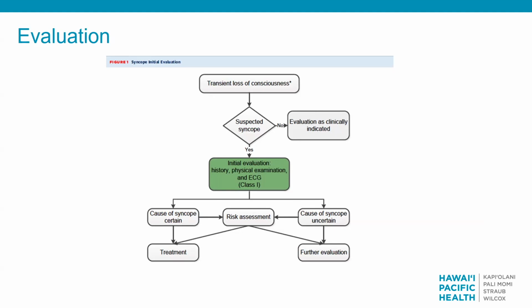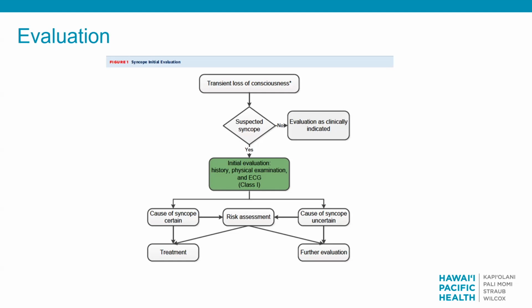Or when you were standing long in church and then you fainted and you got back up without any intervention, that's probably vasovagal. Or when you had a big belly pain or they wanted to do a blood draw and you fainted there, again, those are all neurally mediated or neurocardiogenic syncope. And you can see that I didn't need to do any kind of test to figure that out.